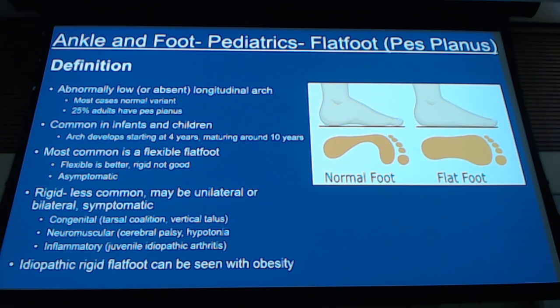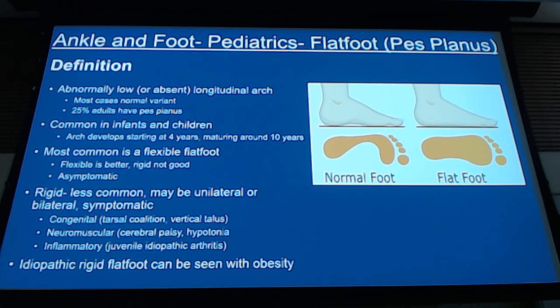So, in a lot of cases, pes planus is a normal variant. If you look at folks that have grown up with flat feet, according to the data, upwards of 25 to 30% of the adult population continue to have flat feet throughout adolescence and into adulthood.